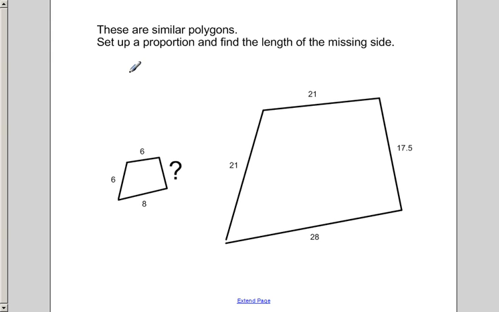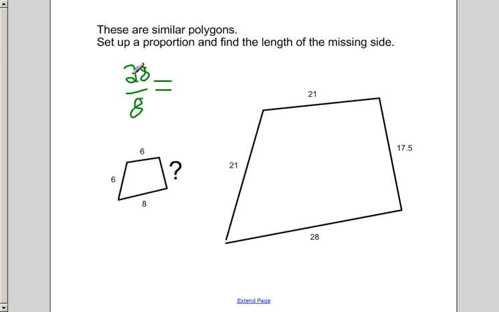All right, so maybe you did it differently or chose a different side, but I'll do 28 divided by 8. Or you could have it flipped around, 8 over 28. Or if you're doing a different pair of sides, 6 over 21, 21 over 6. But the important thing is that you have corresponding sides.